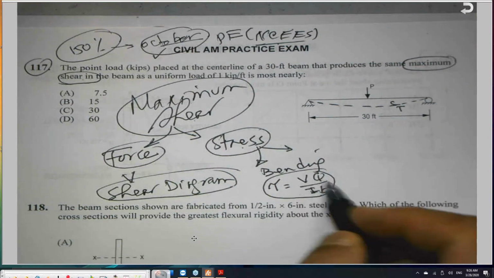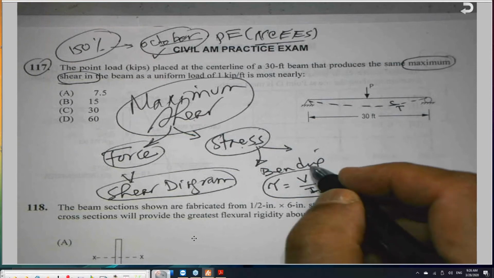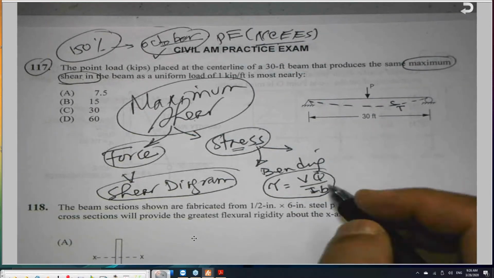For example, this equation here, tau is equal to VQ over Ib. This equation, maybe for those who are taking structural in the afternoon, the structural PM, be ready for that, because this is a topic that normally they include in the PM for construction.